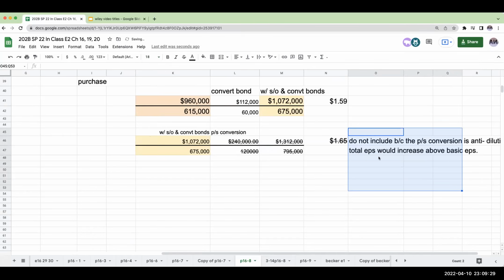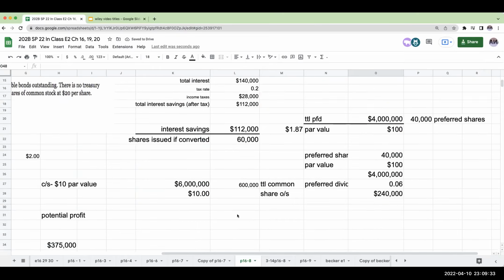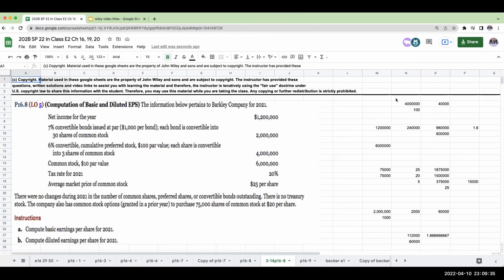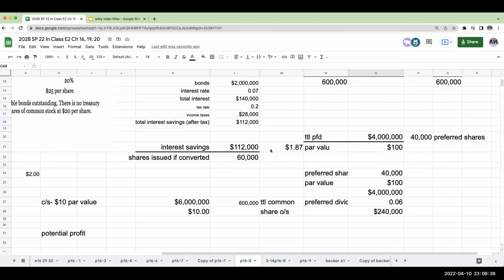All right. So that is problem 16.8. And believe it or not, I think I actually did this question a while back, but it just continually messed me up because I didn't really like this $1.87.